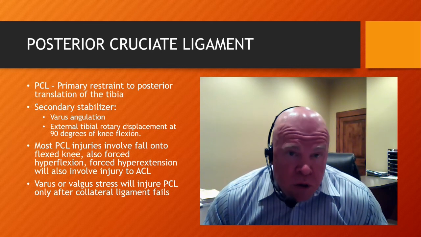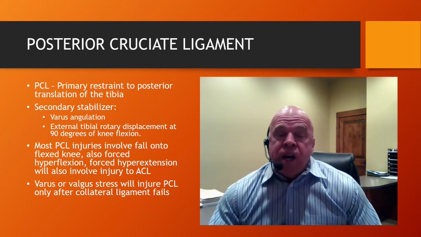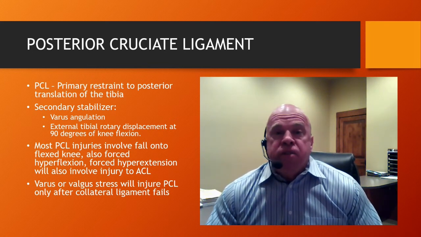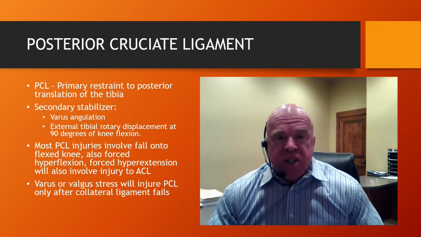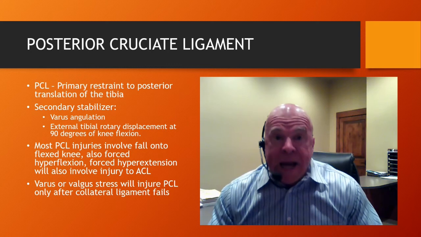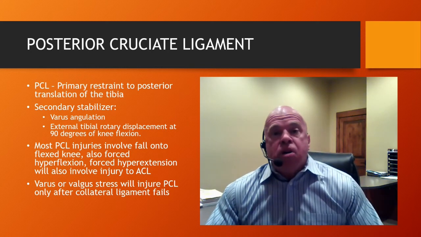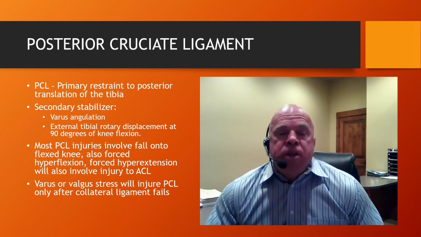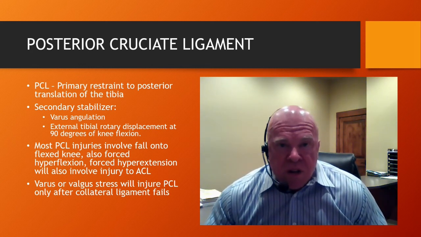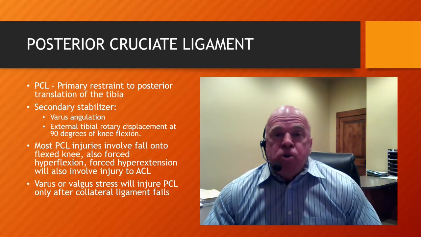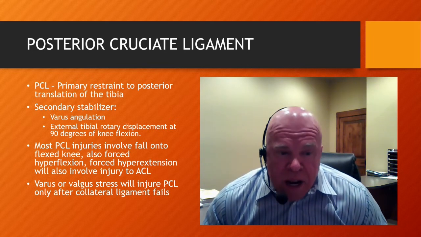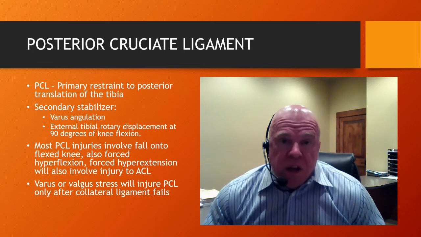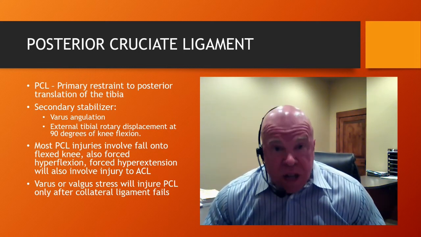Also, the posterior cruciate ligament serves as a secondary stabilizer to varus angulation of the knee, so that it contributes to the lateral ligamentous complex to resist varus angulation. And then also when the knee is in 90 degrees of flexion, the posterior cruciate ligament helps to restrain external tibial rotatory displacement as a secondary stabilizer.